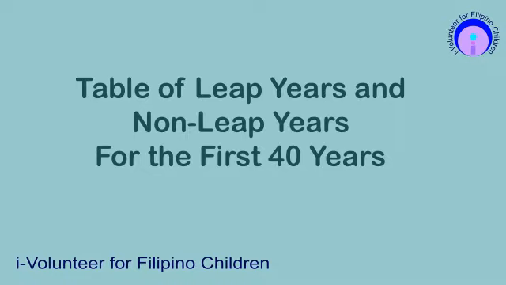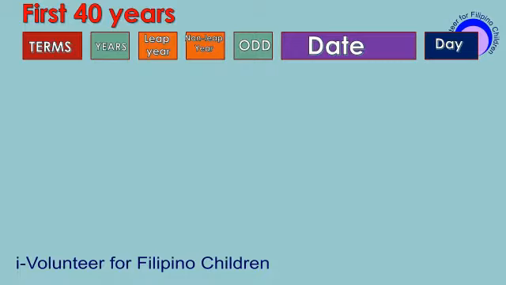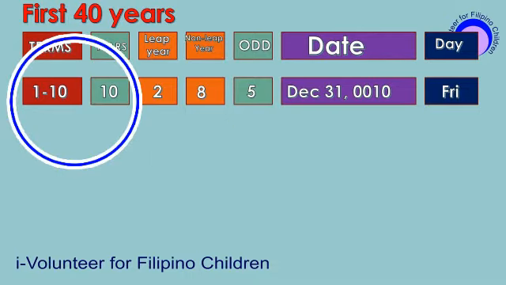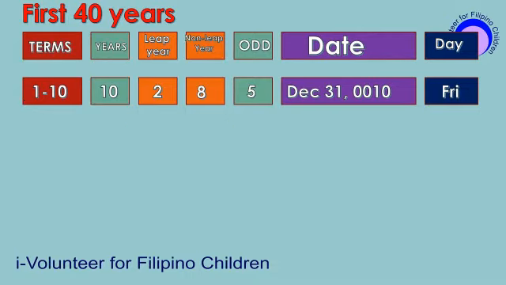The next thing to discuss is the table of the first 40 years, indicating kung ilan ang leap year at saka non-leap years. Sa table na ito, dito natin makikita kung ilang leap years at saka non-leap years sa 10 taon hanggang 40 taon.